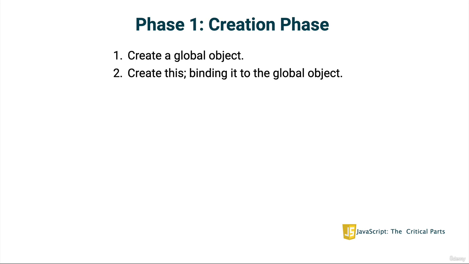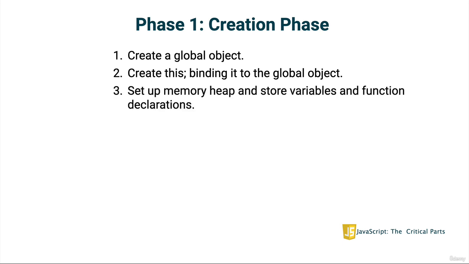But there's something else that happens in the creation phase as well, and this one's key. In the creation phase, a memory heap is established, and variables and function declarations are stored in the memory. That happens in the creation phase.